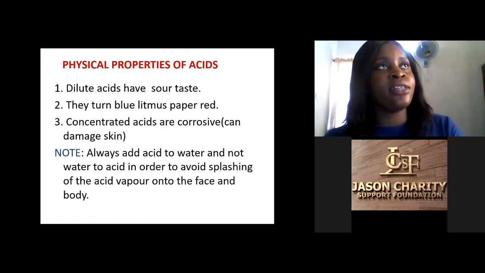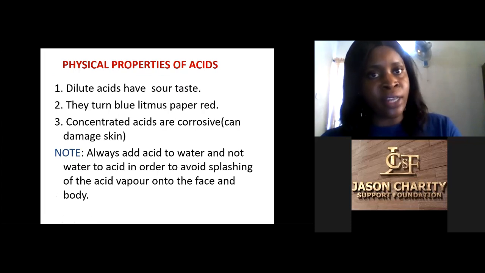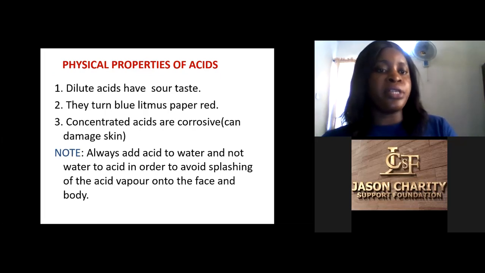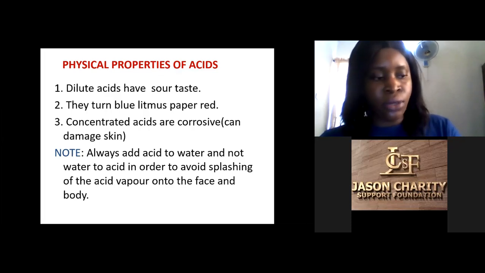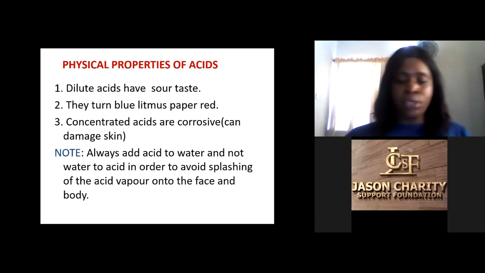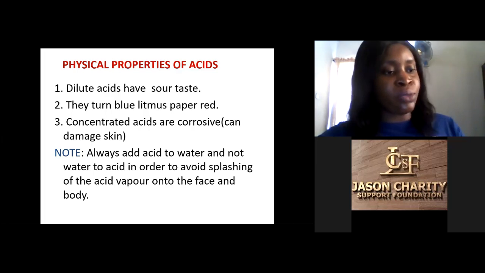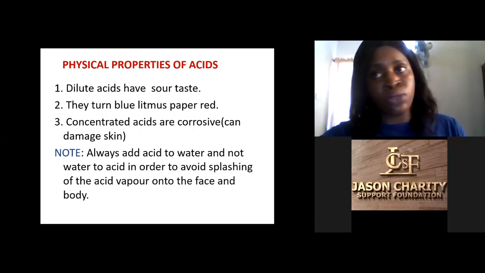Try dropping a drop of lemon juice on your tongue. You will discover that the taste of lemon juice is actually sour. Also, another thing you need to know is that an acid can turn a blue litmus paper red. A litmus paper is an indicator used to test the presence of an acid or a base in a solution.